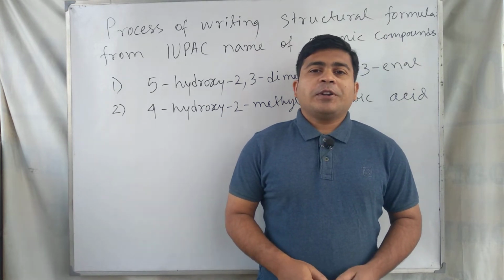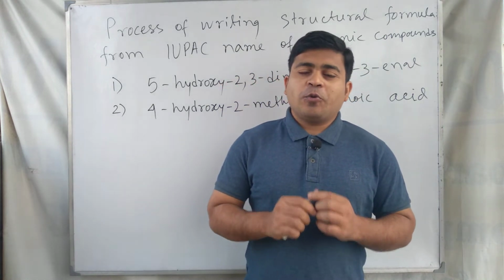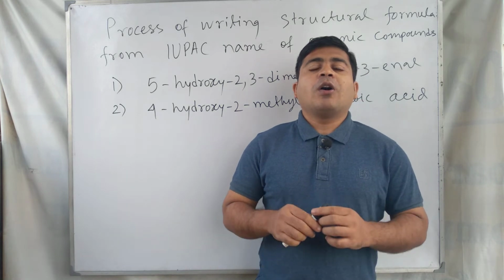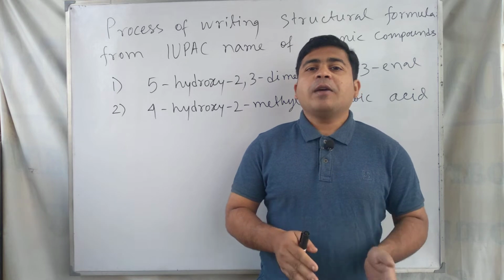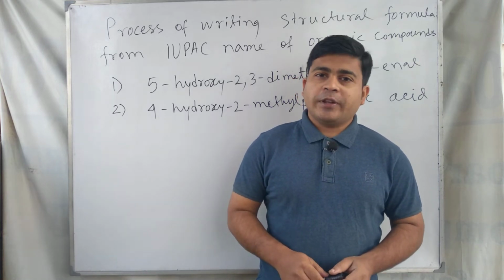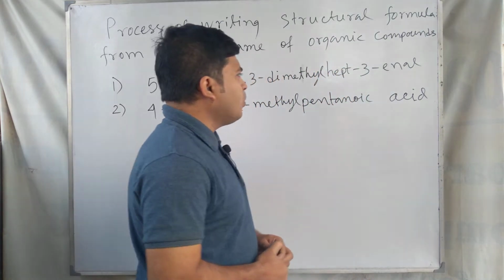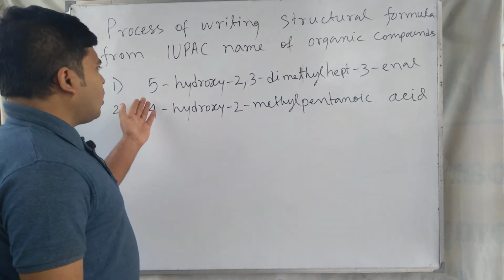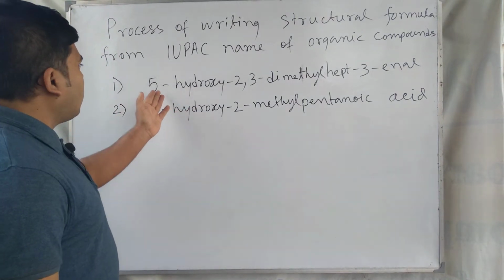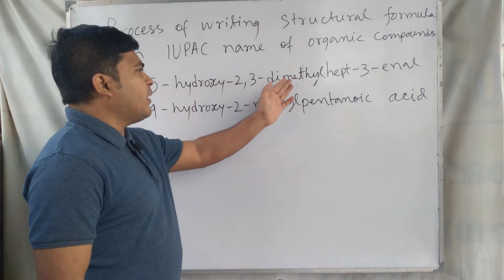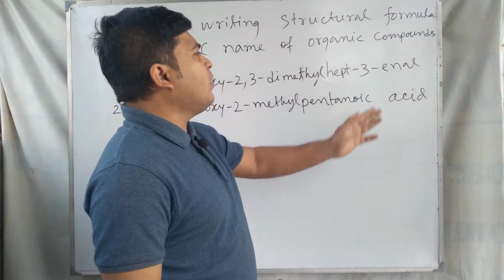So let's start our discussion regarding this topic: what are the processes or procedures for writing the structure from the IUPAC name of organic compounds. Two examples are given here. 5-hydroxy 2,3-dimethyl hept-3-en-al.